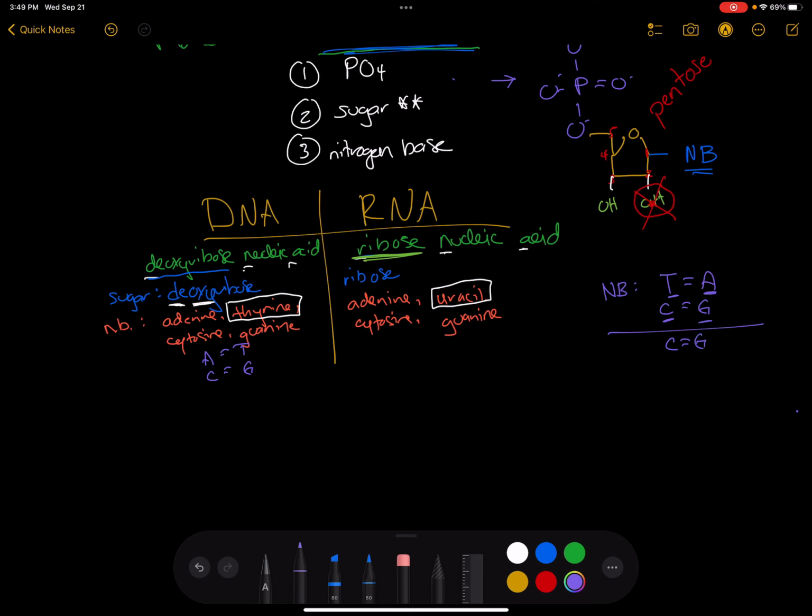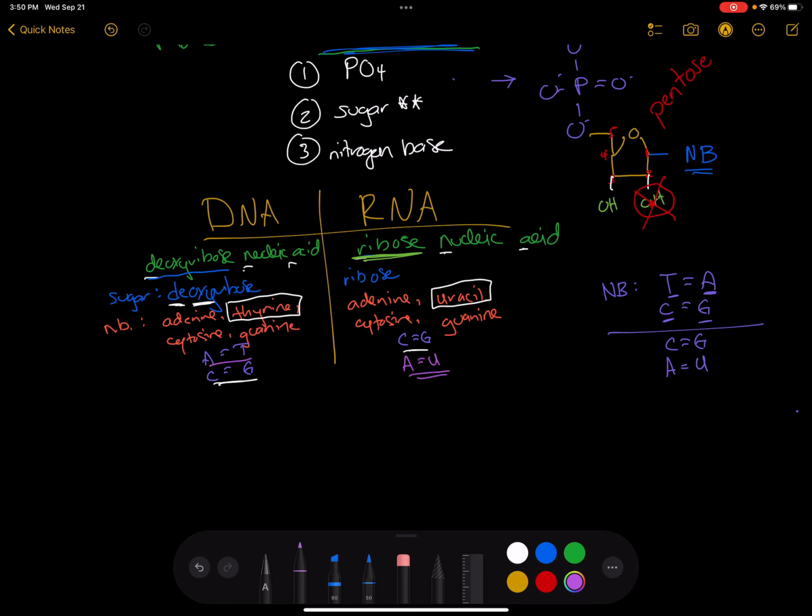But now instead of my apples being on trees, my apples fall under the trees. So C and G still go together. That's the same between the nitrogen bases on DNA and RNA. But now apples fall under the tree, and that's going to be different right there.